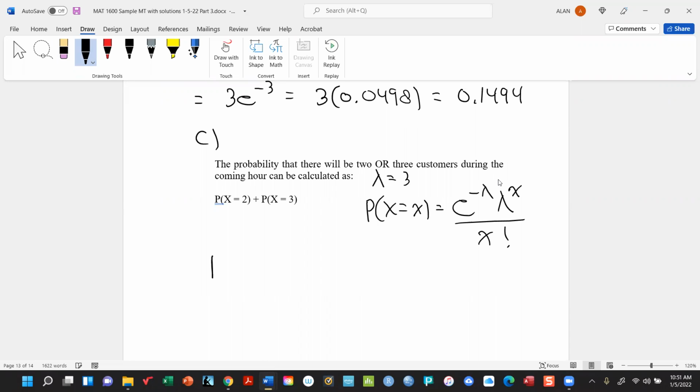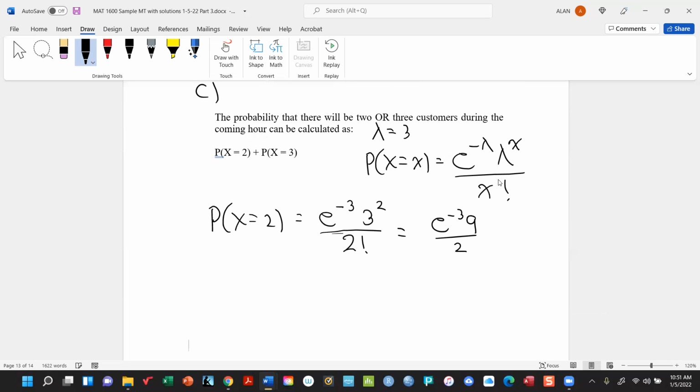So for 2, all right, so here we can simplify it a little bit. 3 squared is 9.